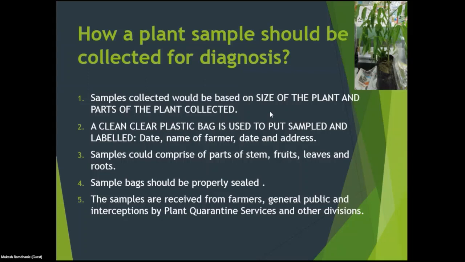Now, samples that are collected would be based on the size of the plant and, as I mentioned before, the parts of the plant that are affected. So you would want to use a clean, clear plastic bag to put the sample in, and that will be properly labeled with at least the date, the name of the farmer, the address of the farmer, and possibly the crop that the farmer is producing.